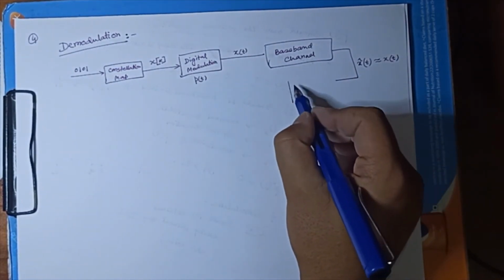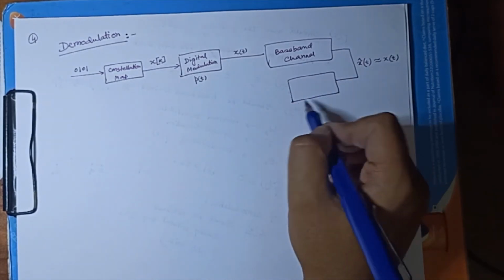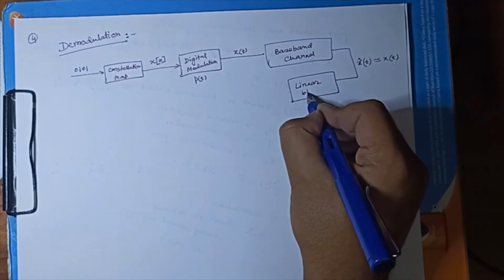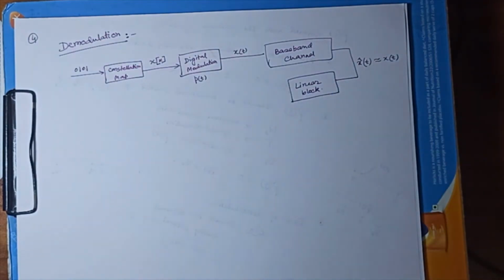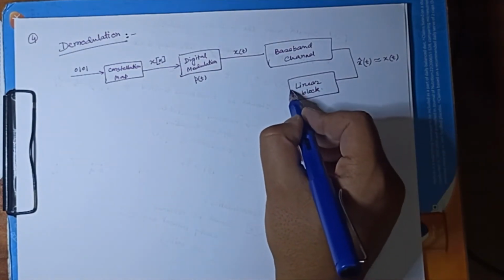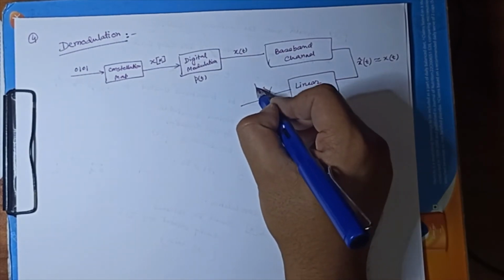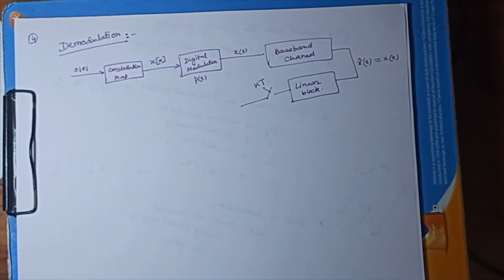So I expect that the demodulator will be one block, which will possibly be a linear block, because linear is something which we can do. So we are starting with a linear block. If it is not possible, we can think then we have to go to some non-linearity. But if it is possible with a linear block, it's fine. Followed by a sampler, and that sampler will be working at time kT.